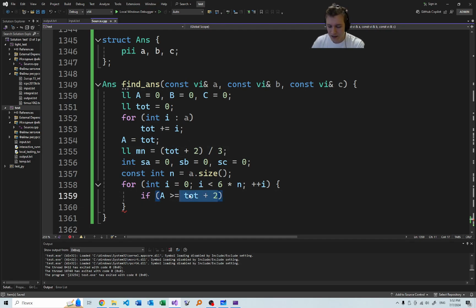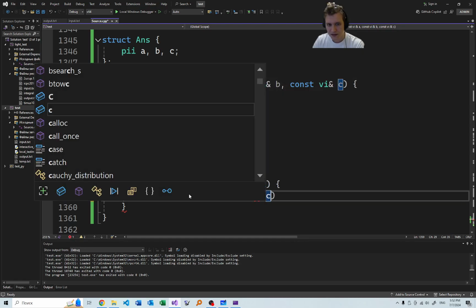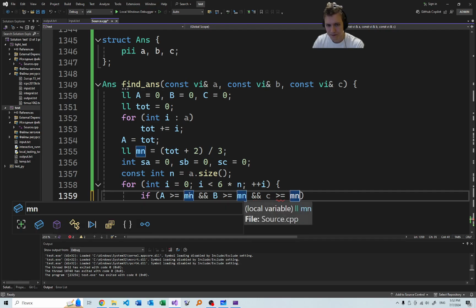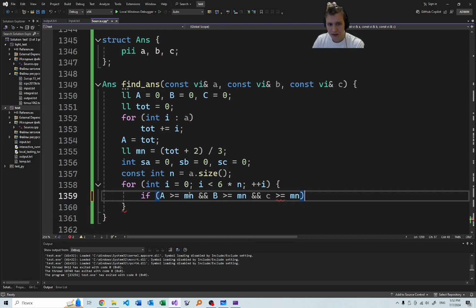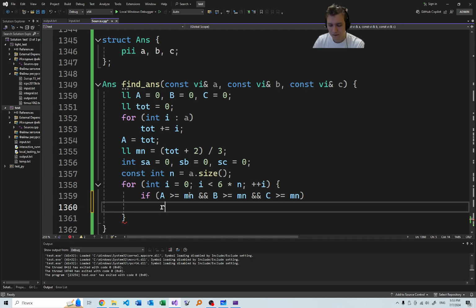So if A is at least minimum and B is at least minimum and C is at least minimum, then I need to return that we won. So we need to find out these segments. So A starts at point SA and ends at point S.